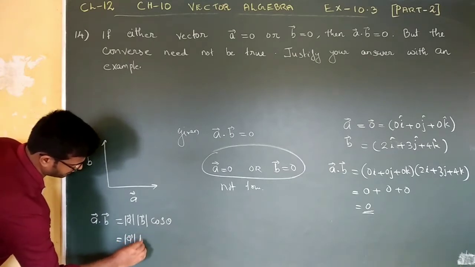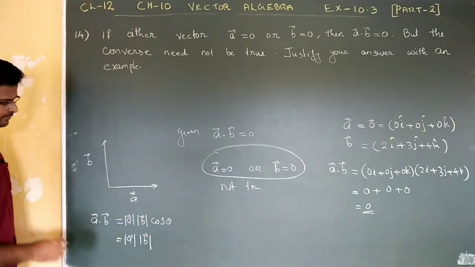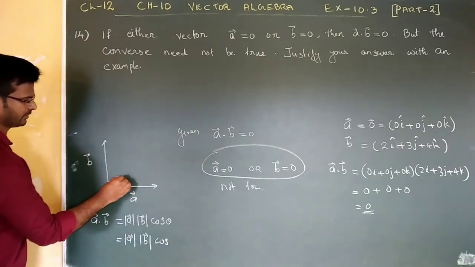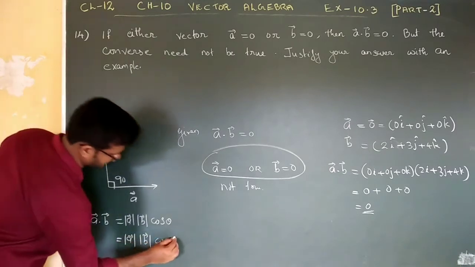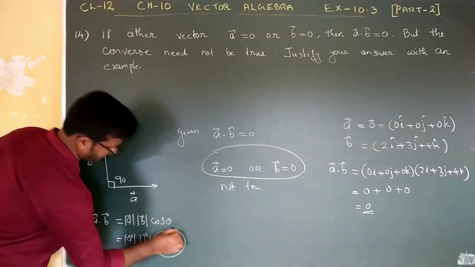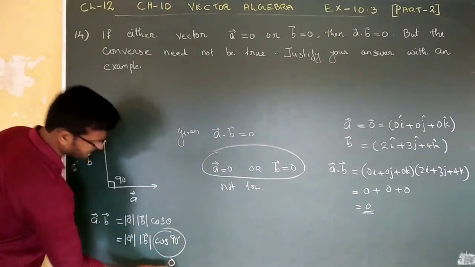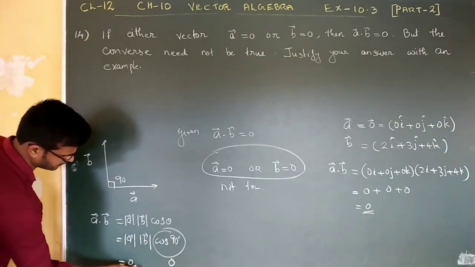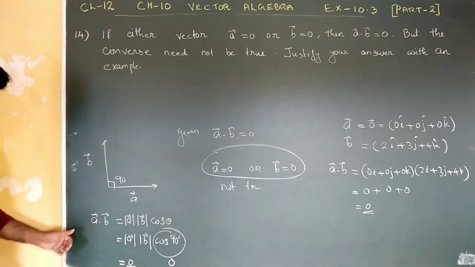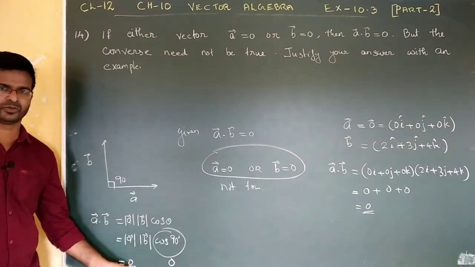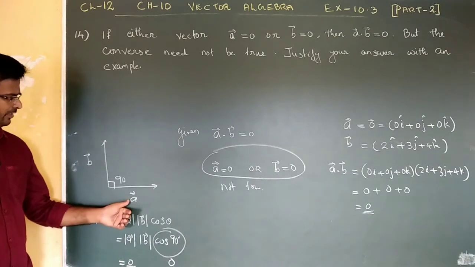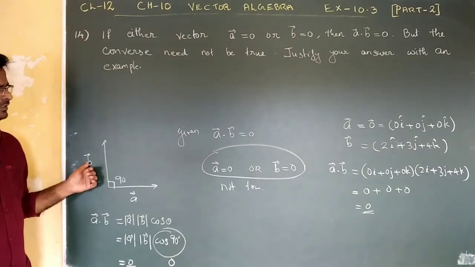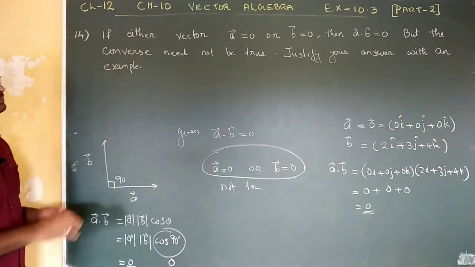What is the angle here? It is 90 degrees because they are perpendicular. Cos 90 degrees is 0, isn't it? 0 into this part, you will get 0 only. So A dot B is 0, but A and B are non-zero vectors. That means the converse cannot be true.